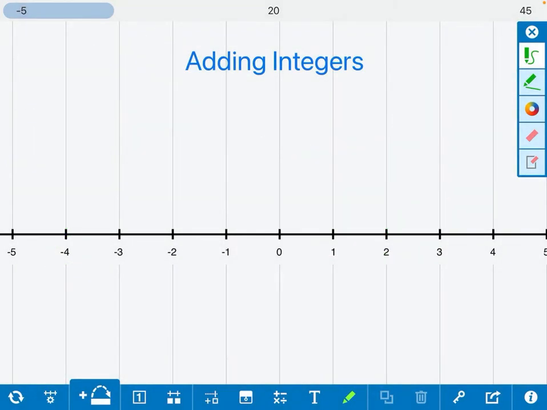All right, let's do negative 4 plus 3. Negative 4 plus 3. Okay, so when we think about it, we're at negative 4, and remember the plus sign means more. And is that 3 a positive 3 or a negative 3? It's a positive 3.